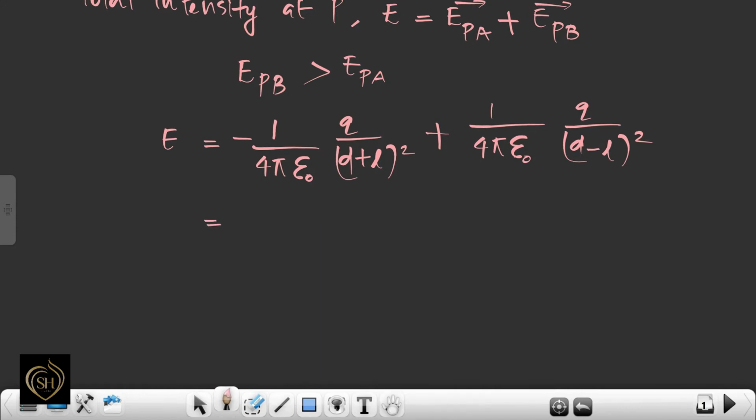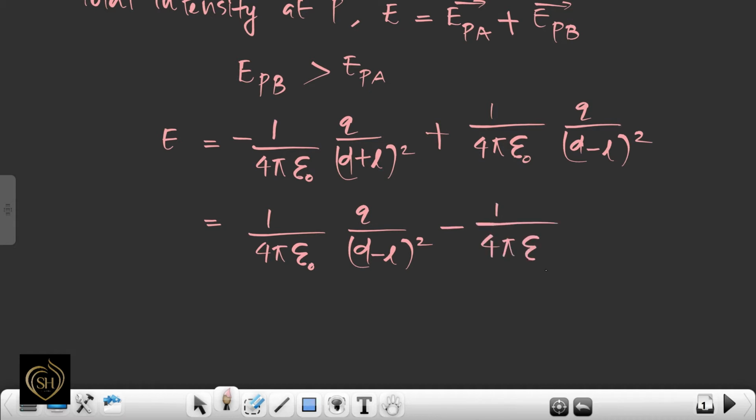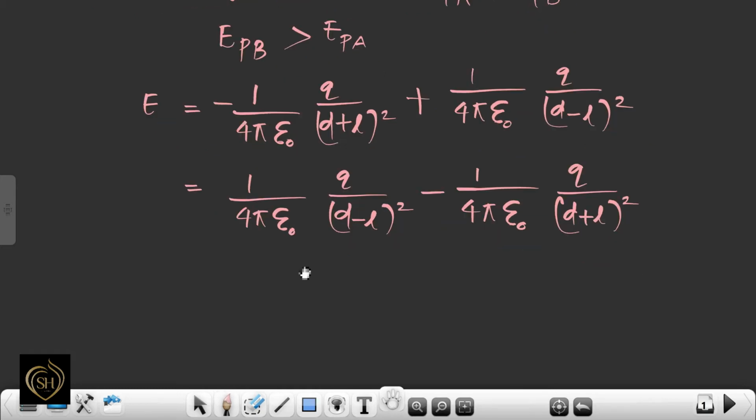This can be written in this way also: 1 by 4 pi epsilon 0 Q by (d minus L) the whole square minus 1 by 4 pi epsilon 0 Q by (d plus L) the whole square.